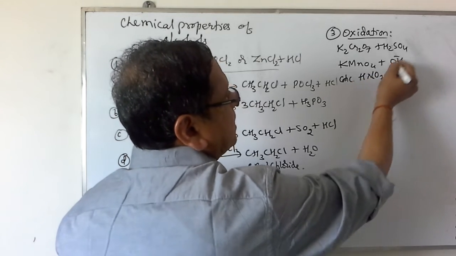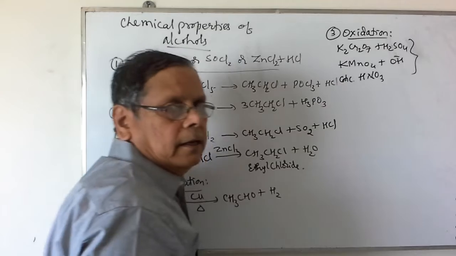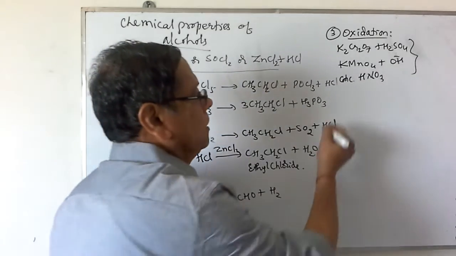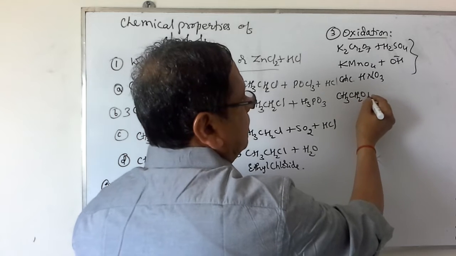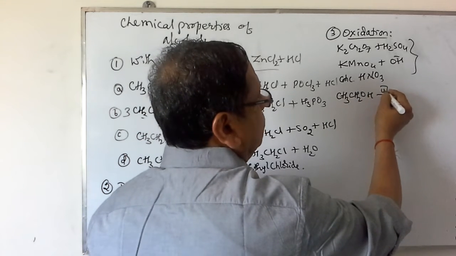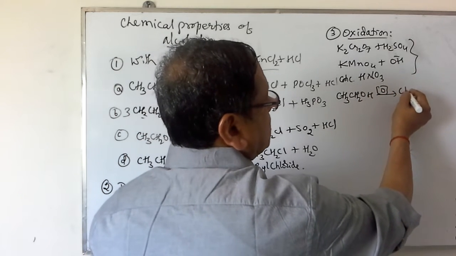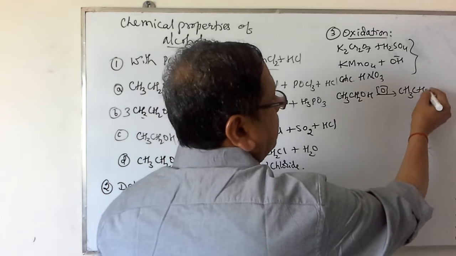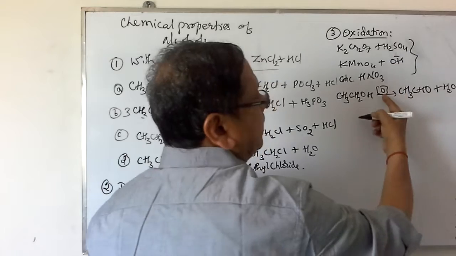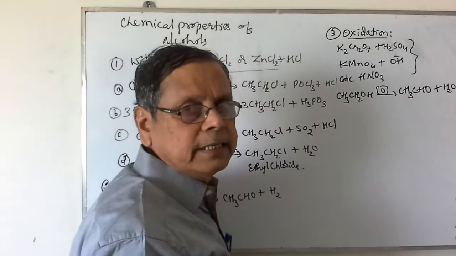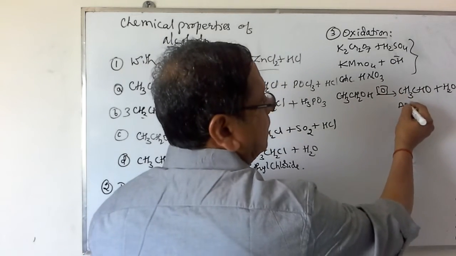Any of these oxidizing agents we can use for the oxidation of alcohols. Ethyl alcohol, CH3CH2OH, on oxidation will give rise to the corresponding aldehyde, along with the formation of water by taking oxygen from the oxidizing agent. So we will get first an aldehyde.